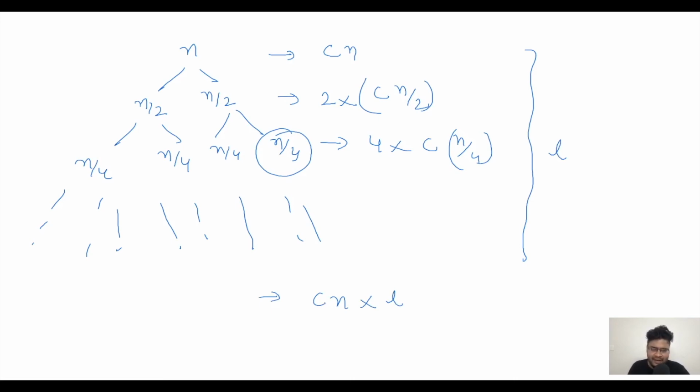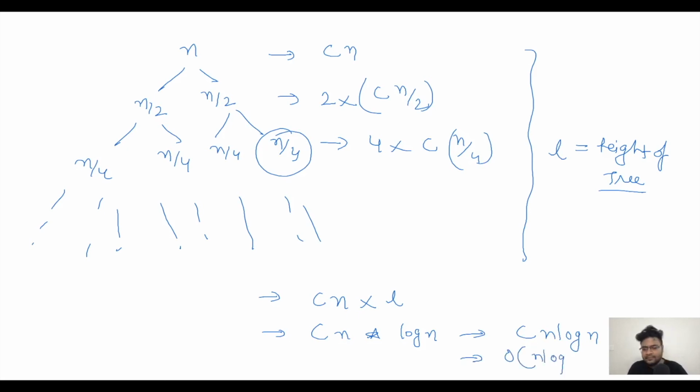So we are adding Cn L number of times. And what is this L? This is log n, the height of the tree. So this time complexity will become Cn log n. C is a constant, so it will be order of n log n. That is how we derive the time complexity for merge sort.